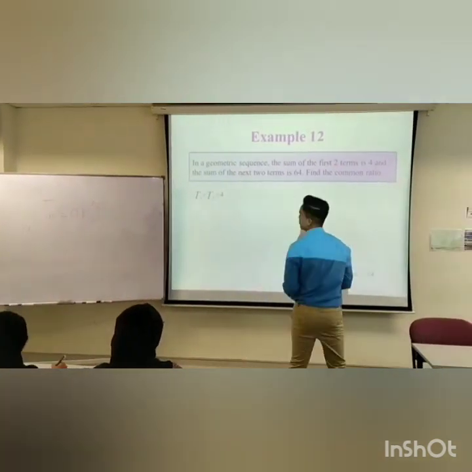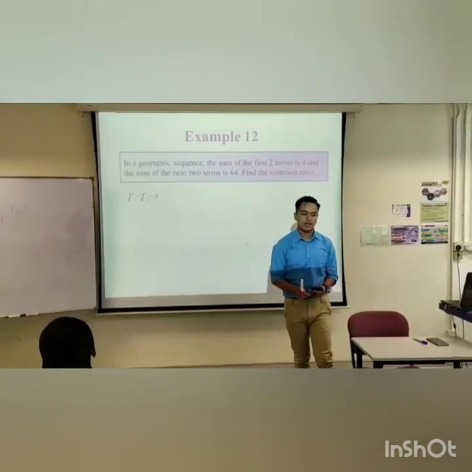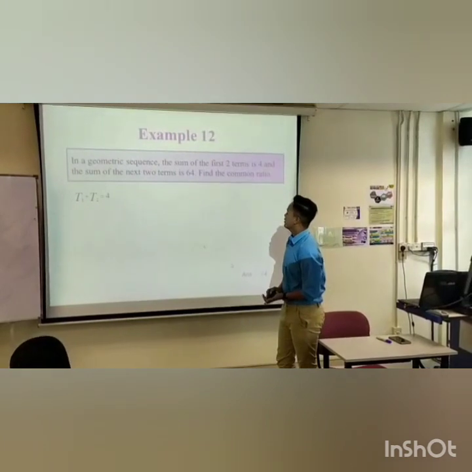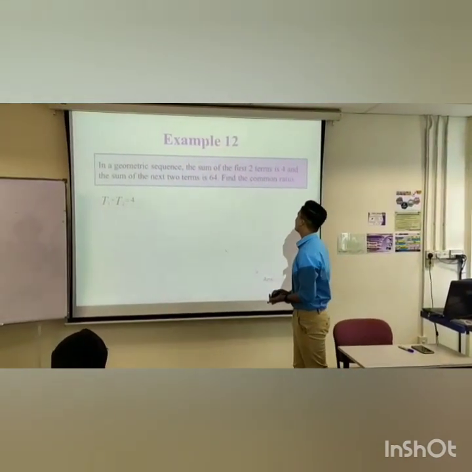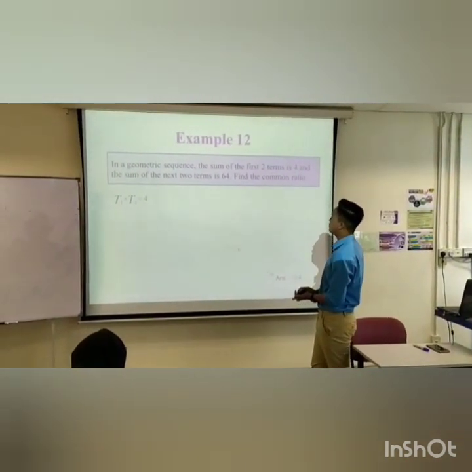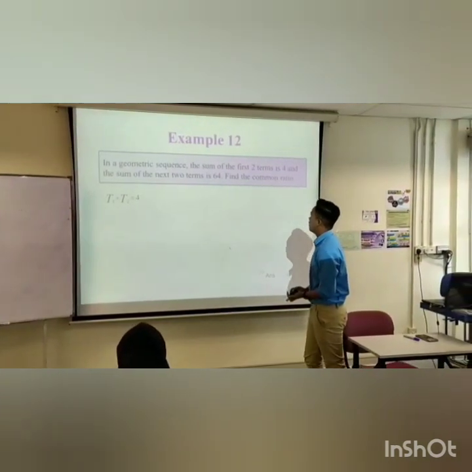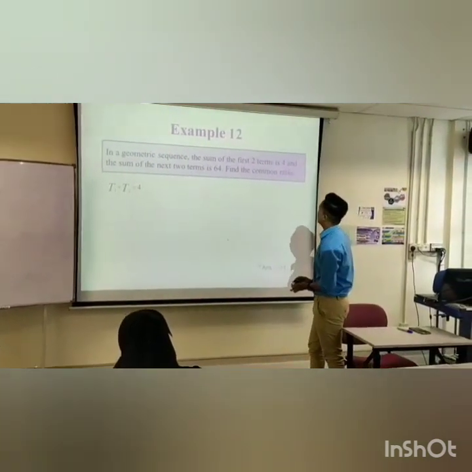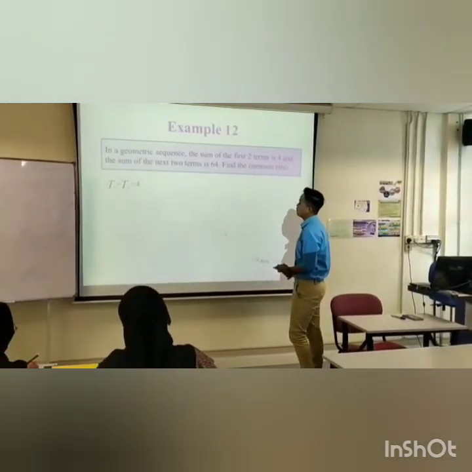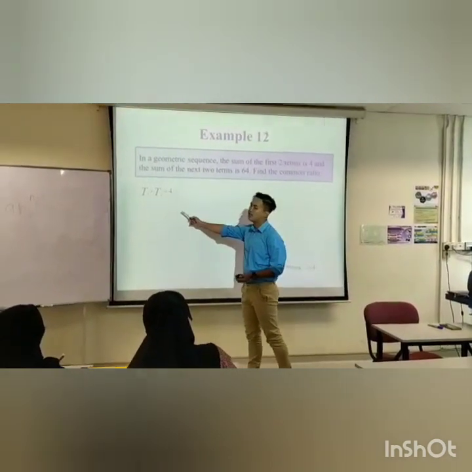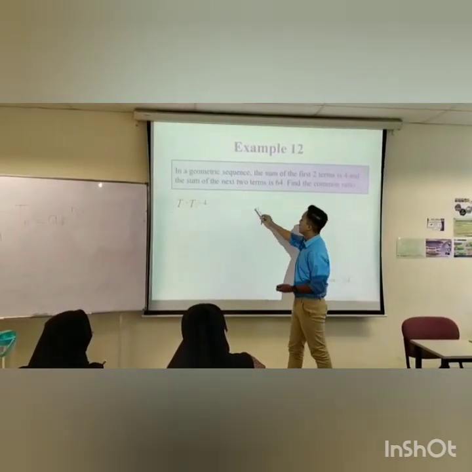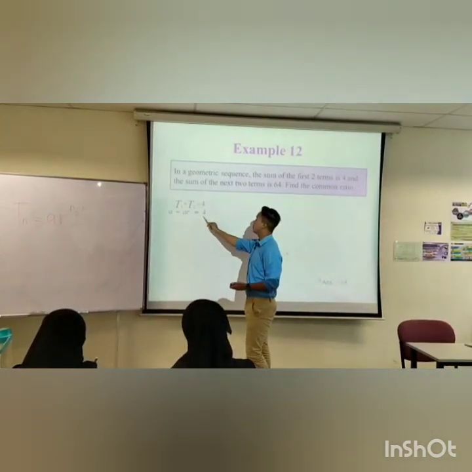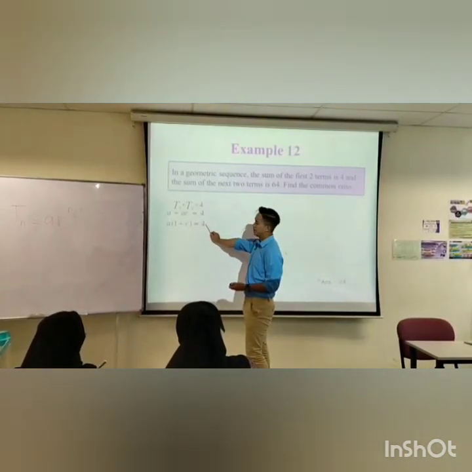Example 12. So this is example 5 in the sheets I gave you. In a geometric sequence, the sum of the first two terms is 4 and the sum of the next two terms is 64. Find the common ratio. The sum of the first two terms is 4, meaning T1 plus T2 equals 4, so A plus AR equals 4. This is the first equation.